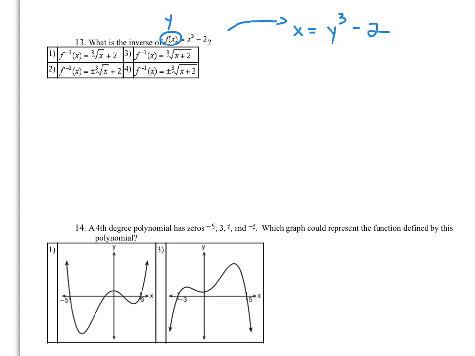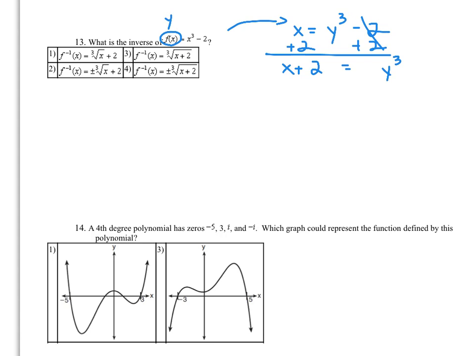So there's my inverse. Now, the next step, though, is I have to get the y by itself, right? So I'm going to add 2 to both sides, and I'm going to get x plus 2 equals y cubed.